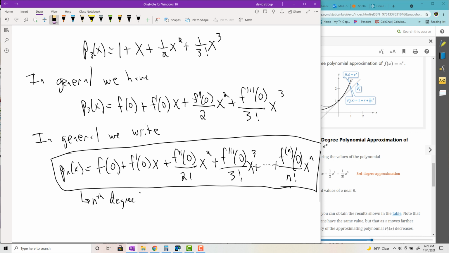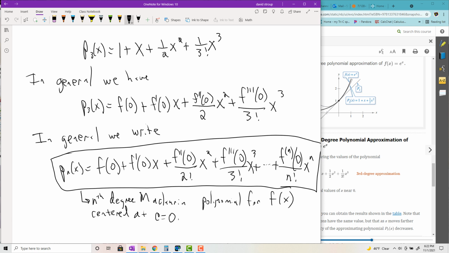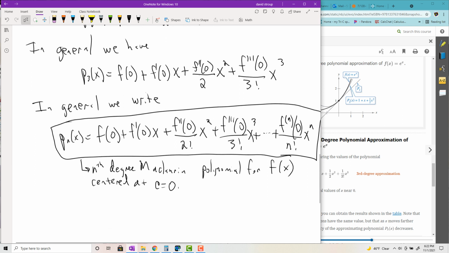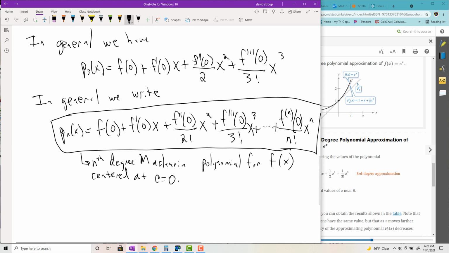Let's make that clear: nth degree Maclaurin polynomial for some function f of x centered at c equals 0. If c is not equal to 0, they call that the Taylor polynomial.